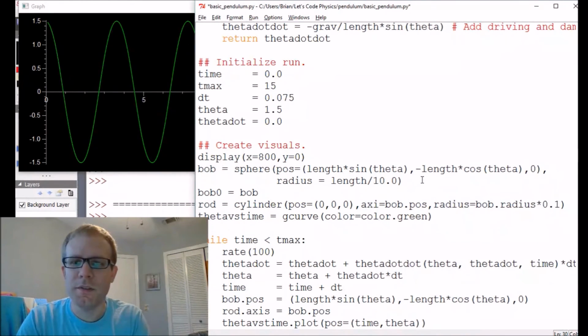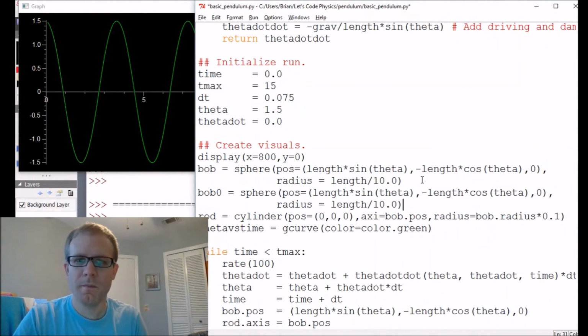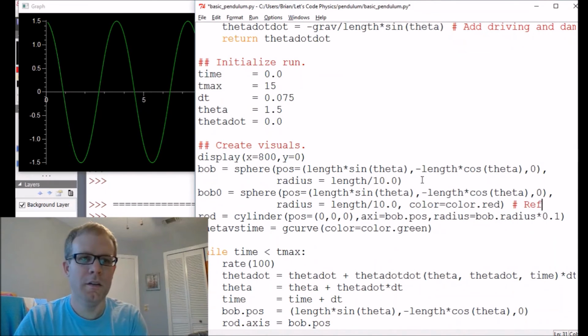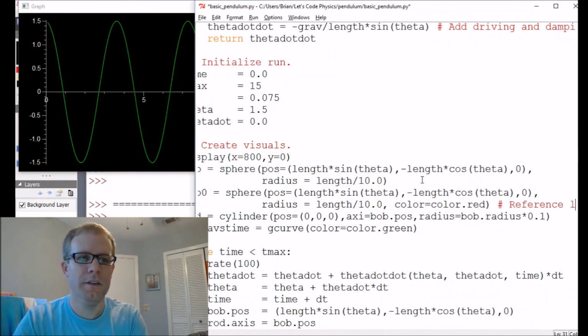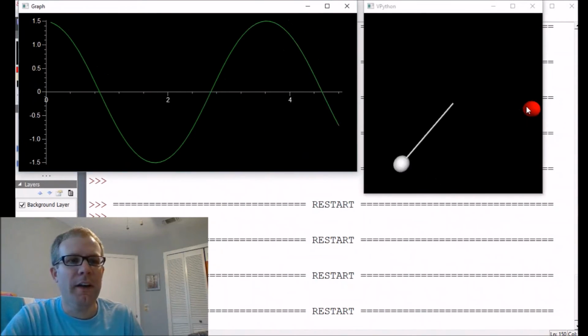Bob 0 equals, let's do the same thing here, but then let's change its color to red just for reference. So this is our reference line. There we go. Because now I have a record for that.